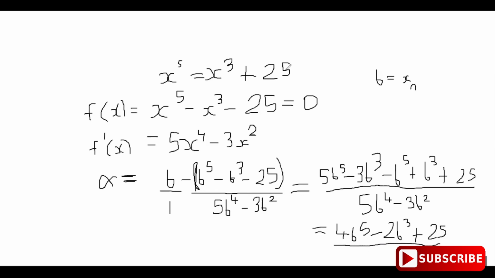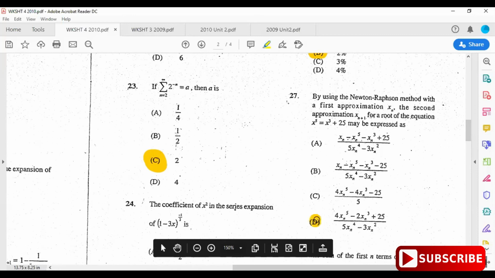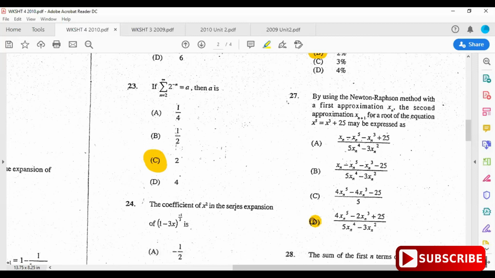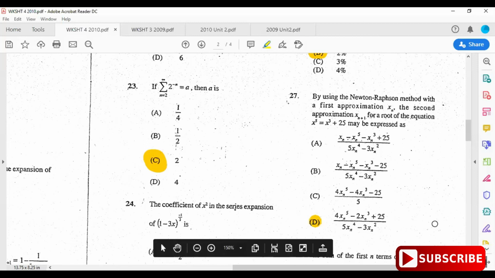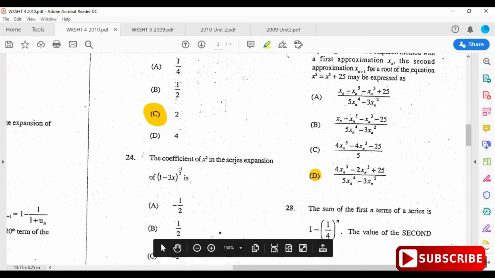So we're looking for 4xn to the fifth minus 2xn cubed plus 25. That is D, because it's in b. That's an approximation of the root. That's an easy question, right?